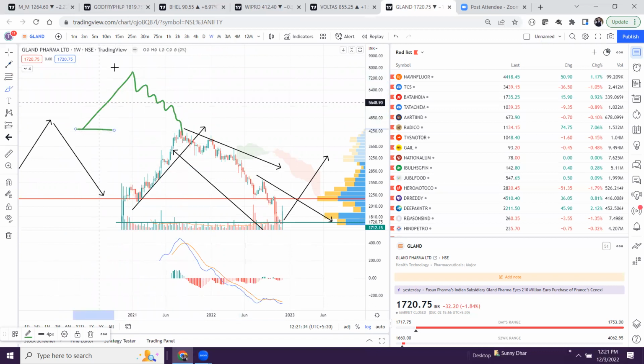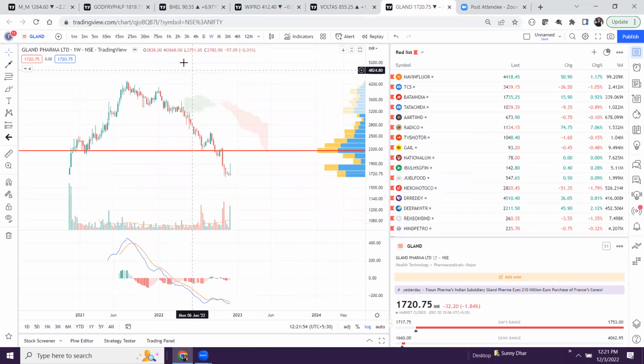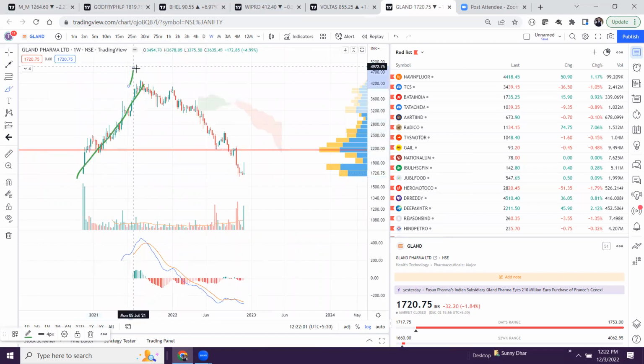If you label this as A, this is a B wave, and in this structure we will again get a C wave that will go up, but this is just a correction, and after this you will again get a down wave. Let me repeat. You see this is a wave, so if you label this as A, this is the B wave now.